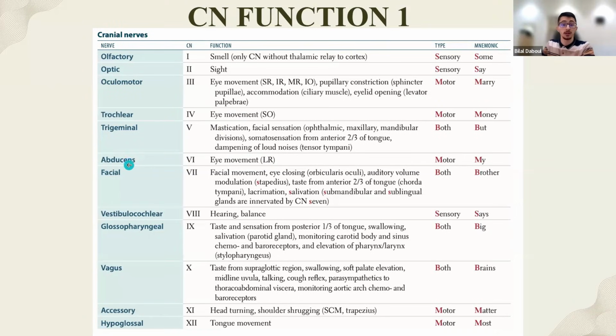It mediates eye abduction. Now, for the trigeminal, or the fifth cranial nerve, it's a mixed nerve, meaning it has both sensory function and motor function, both. But its primary function is sensory. Okay, so it's actually the most important nerve that supplies the face with somatic sensations or general sensations. What are general sensations?